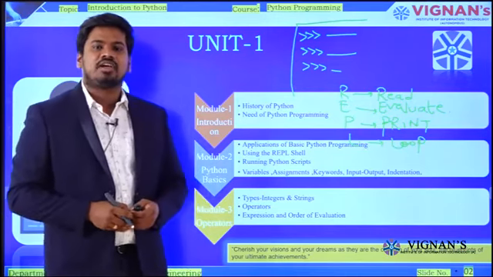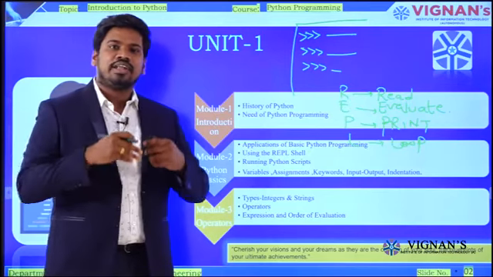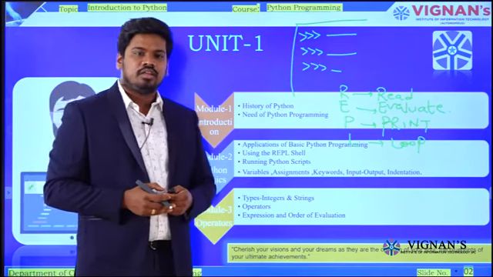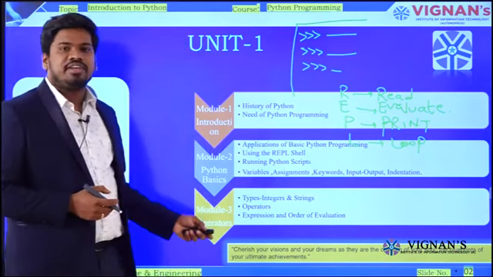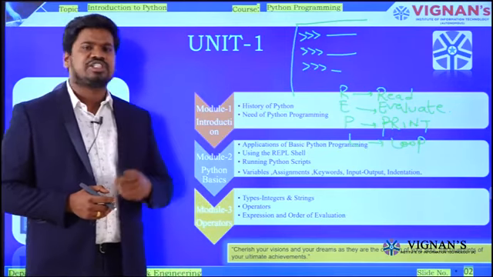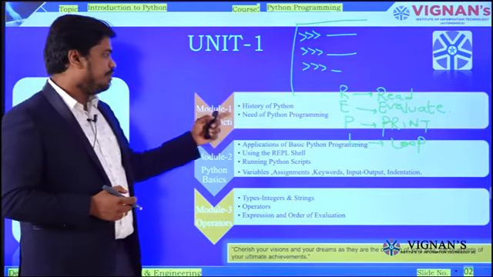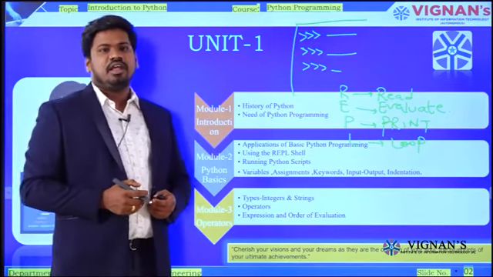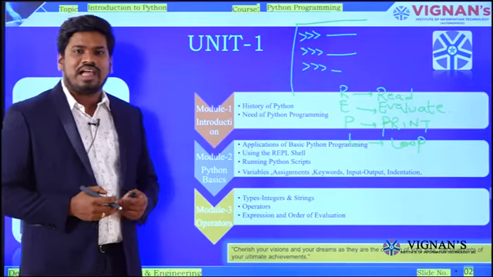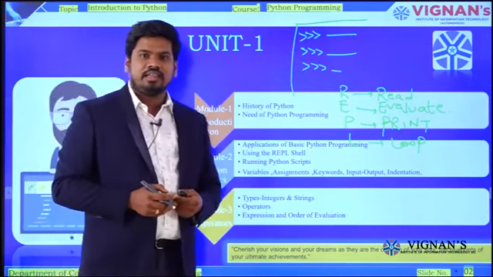We can happily work with those operators without worrying too much about anything. So these are the 3 modules in Python programming. In lecture number 1, we will concentrate on module number 1, that is the introduction. In the coming series of lectures, I will talk about module number 2 and module number 3 in detail.